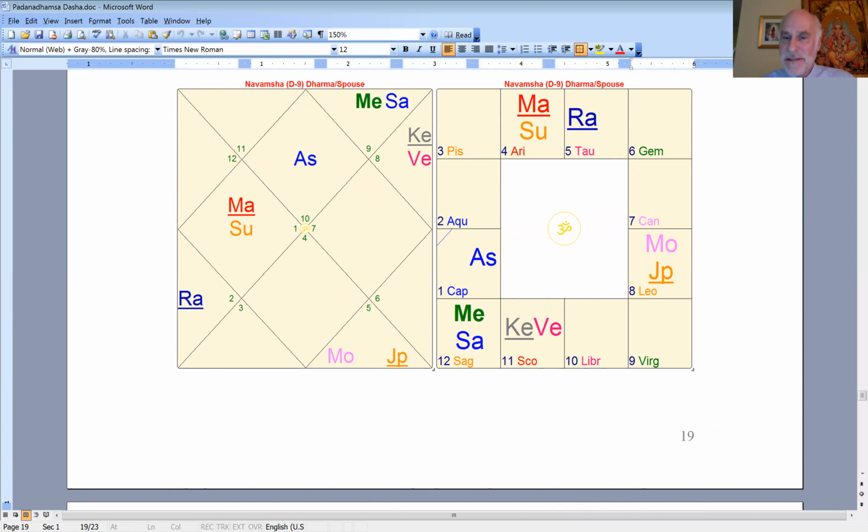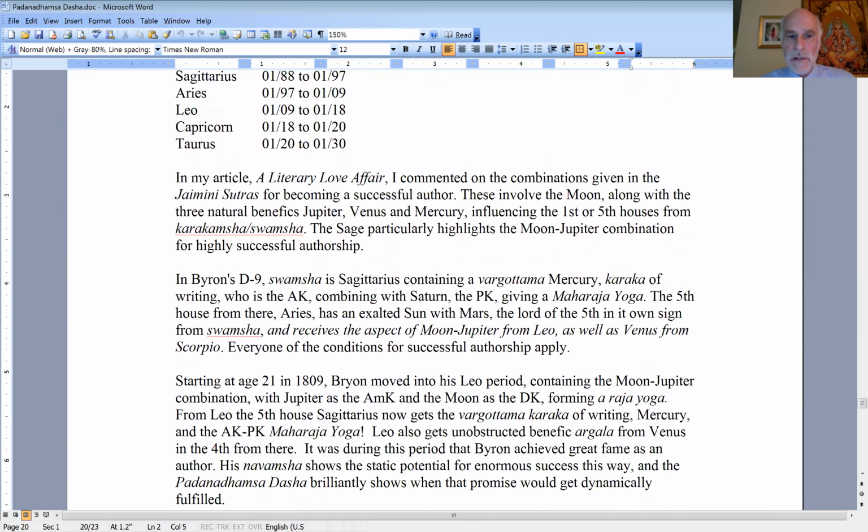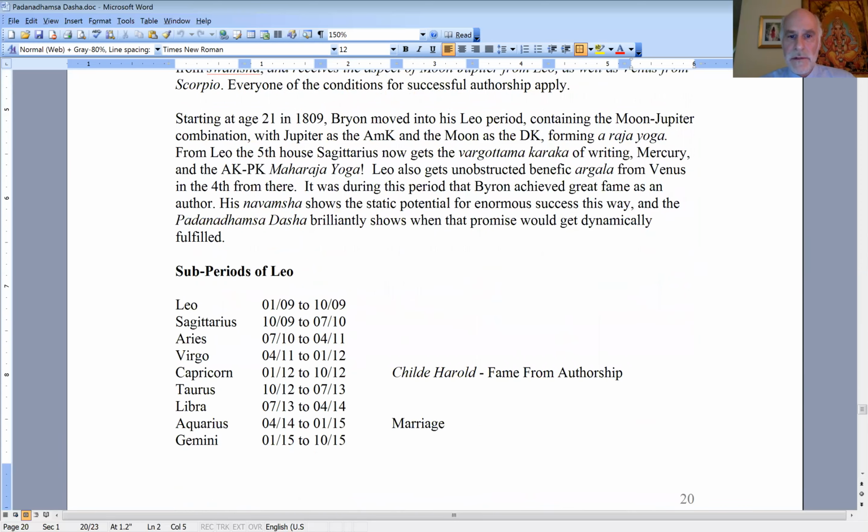So he marries in the major period of Leo containing his DK Moon, and the sub-period was actually Aquarius, from where the DK falls into the 7th house, which is just that classical timing of marriage in the Jaimini system that Padanadhamsha Dasha is obviously showing extremely well. So this is what I wanted to share with regards to Byron's chart.